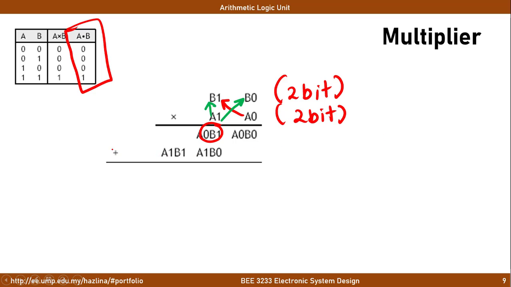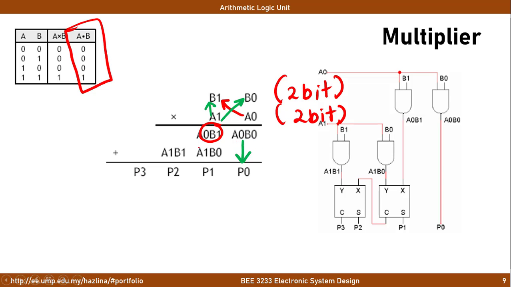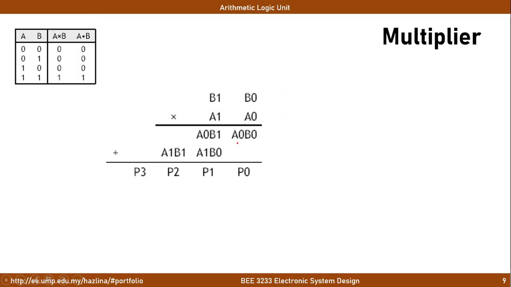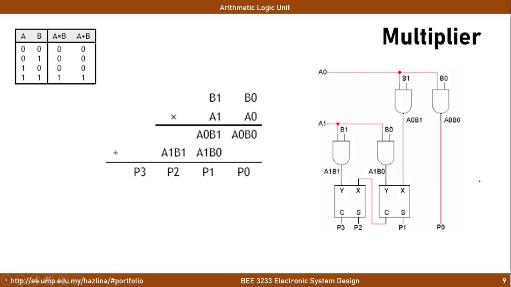Once this is done, the addition process should take place. If we look here, this element is being fed directly as P, the product element number 0. These two additions will result in product elements number 1, number 2, and number 3. So once we have determined this, we can translate it into a digital circuit, as shown here.